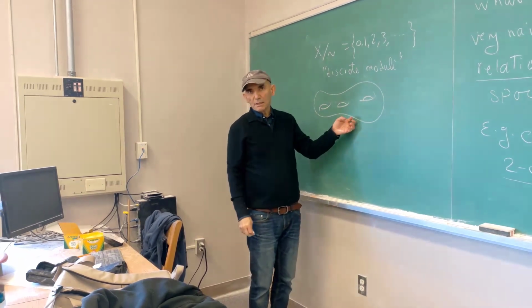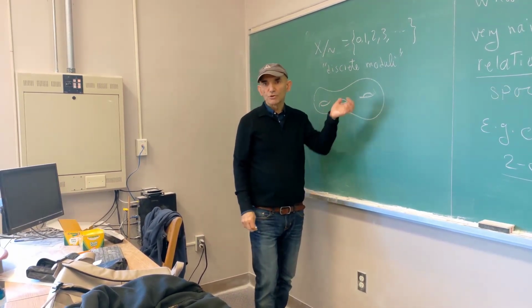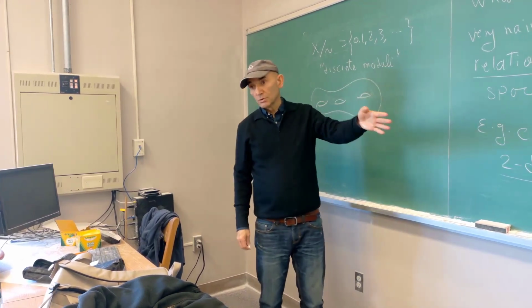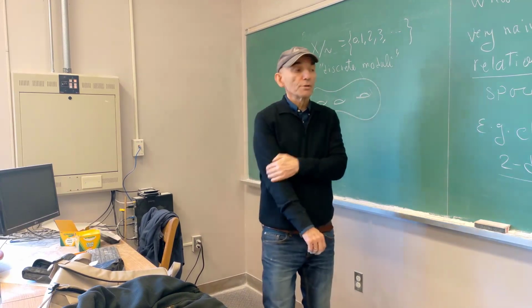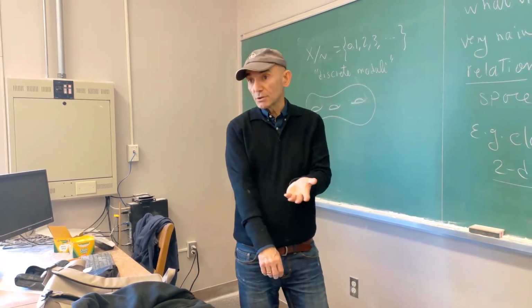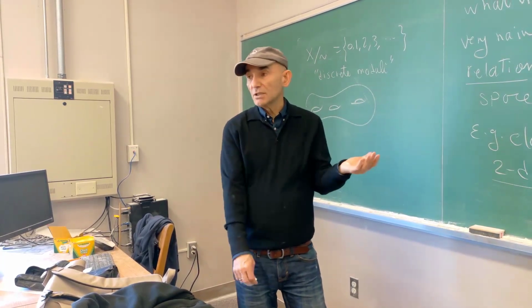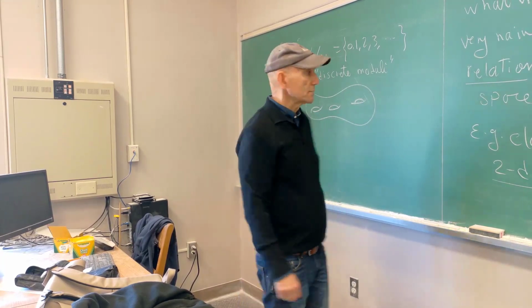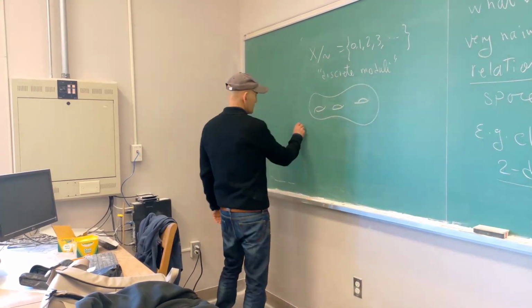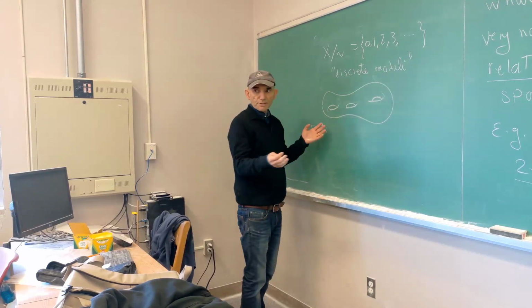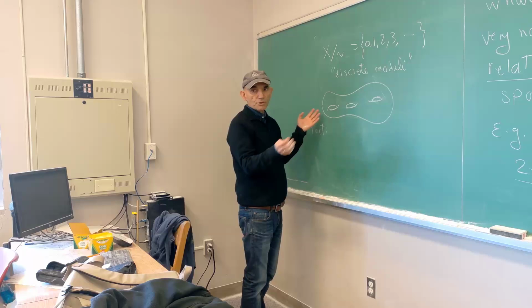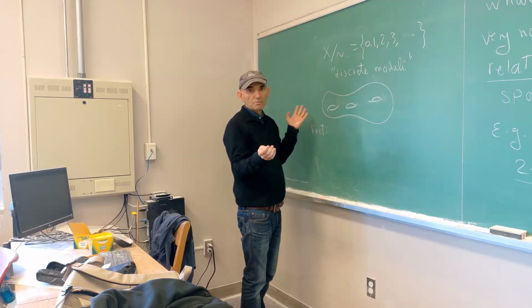But a surface can have more structure than just topology. This is a topological manifold, but you may wonder, what if I put a smooth structure? That doesn't change anything, because another fact is that any two-dimensional topological manifold is a smooth manifold in a unique way.